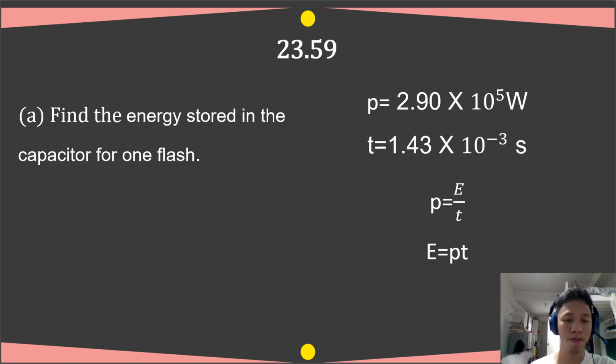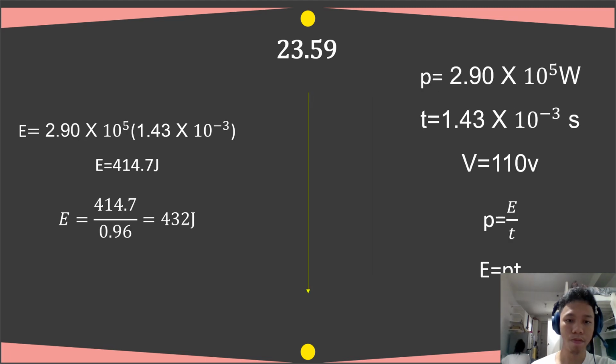So we were asked to find the energy stored in the capacitor for one flash. So as usual, we're gonna list the given values on the right side, as you can see, and we also write the power formula in case you forgot what it is. And also we're gonna use algebra to isolate the energy.